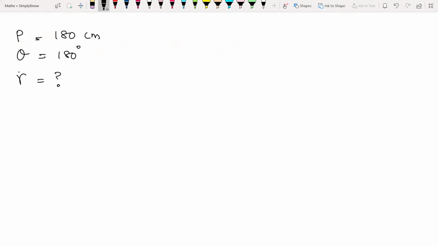We can use our formula. Let me write the formula first of all. Perimeter equals theta over 360 times 2 pi r plus 2r. Now here we are given the theta and also the perimeter.